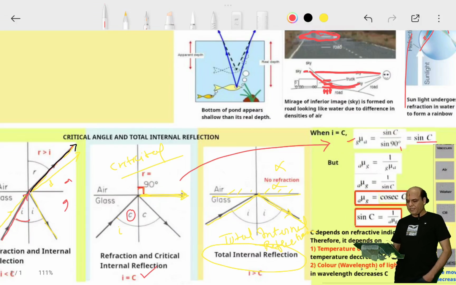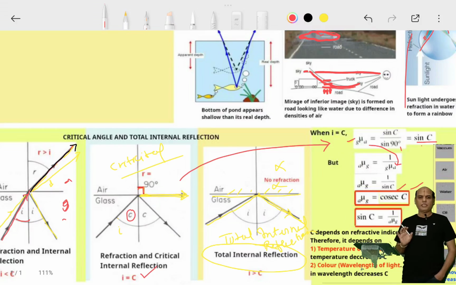But we are more interested in the refractive index of glass rather than air. So if we invert this, we will get the refractive index of glass. The refractive index of glass with respect to air is the inverse of the refractive index of air with respect to glass. So the refractive index of glass with respect to air is 1 by sine C, or cosecant C. So this we need to remember.